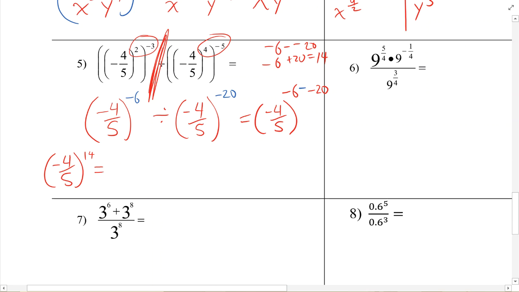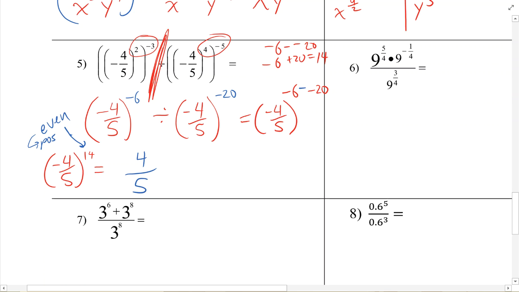So this one, you get large numbers. Let's drop our brackets. We're not allowed brackets in our final answer. What's going on with the negative sign? 14 is what kind of number? Even. So that makes it a positive final answer. So 4 over 5 is positive.